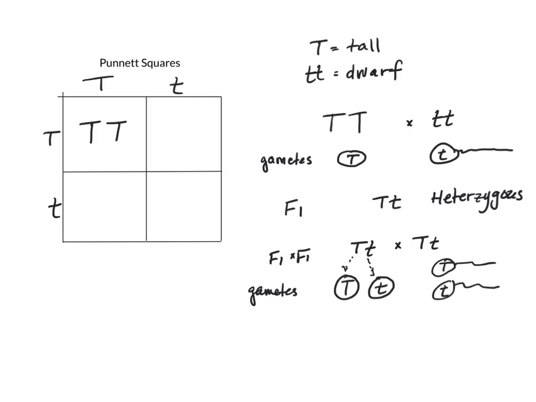That's what we call homozygous dominant, and so the phenotype in this plant is going to be tall. And then the top right quadrant is going to get the dominant allele from this parent and the recessive allele from the other parent. So it's a heterozygote, and its phenotype, however, also is going to be tall.